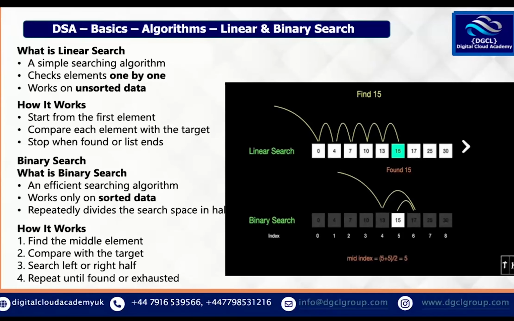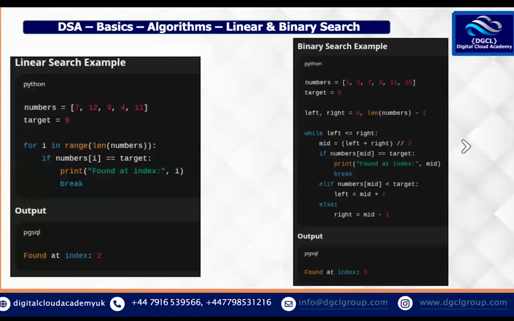So let's look at the example of binary. You can see this one is linear. The binary one is like, okay, this number, this target. We want to find the index of this 9 now.